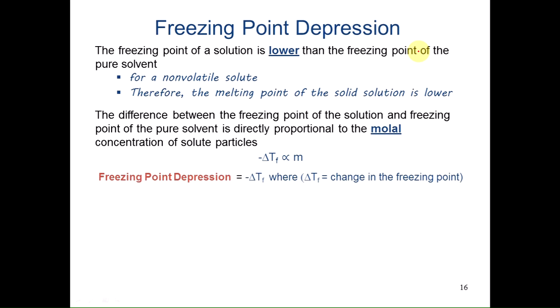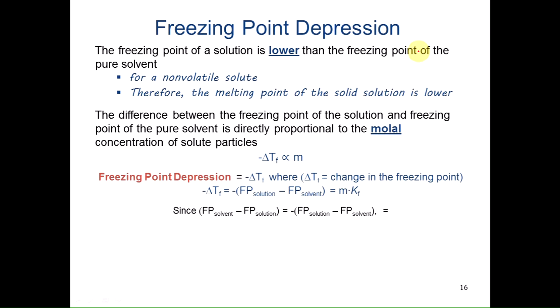Now the freezing point depression is equal to the negative change in temperature, and the change in temperature, that's delta T_f, is the change in the freezing point. Freezing point depression. Depression implies a negative sign, so that's why we have the negative change in temperature. And change is always final minus initial.